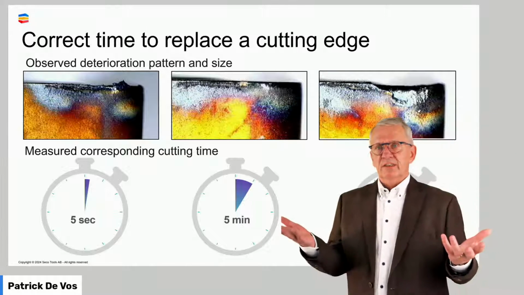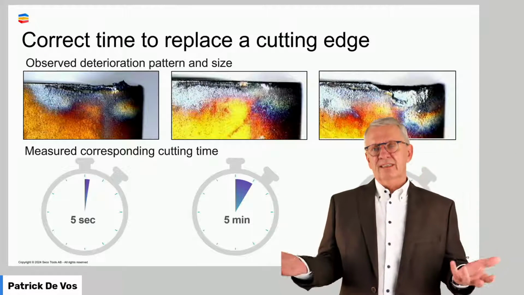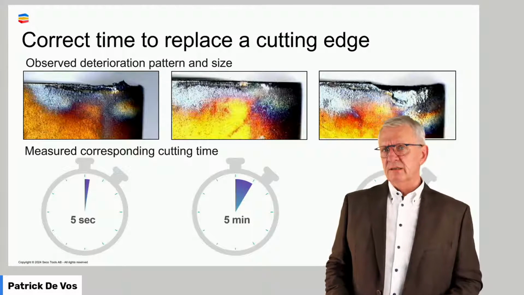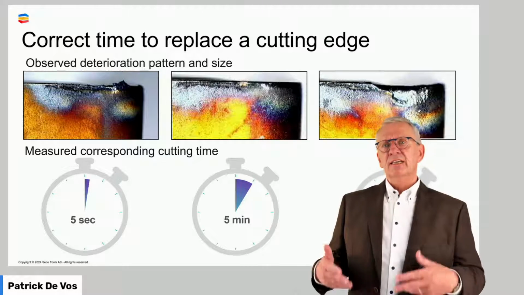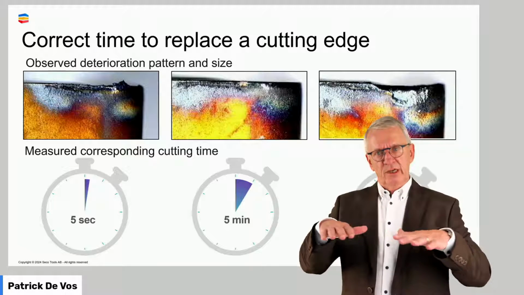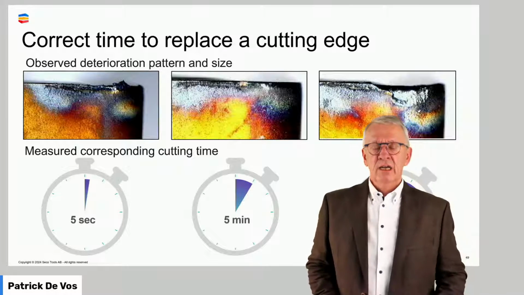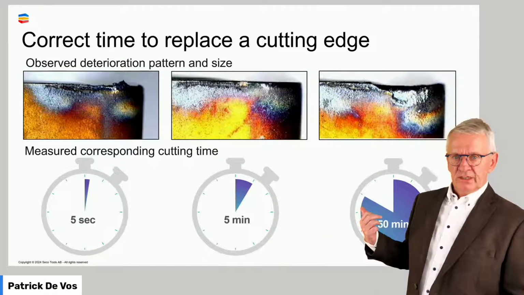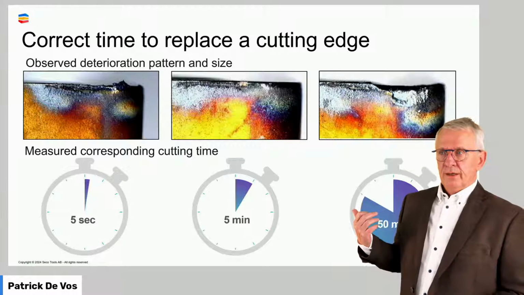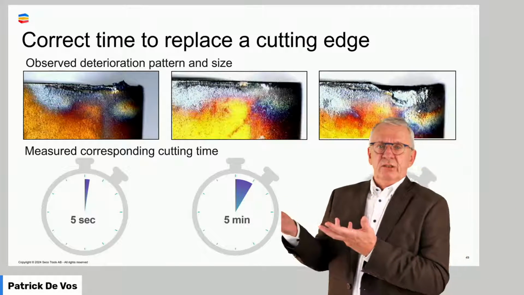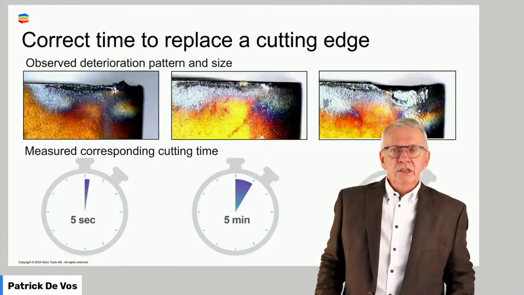Because if the cutting edge to the right is still working, despite the big wear, the deterioration level is still below what is maximum allowed, and you can manage that for 50 minutes, I would prefer that situation over the situation here in the middle.